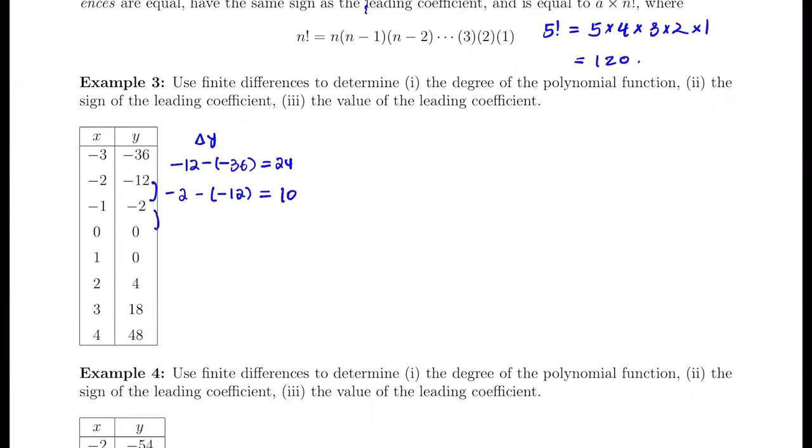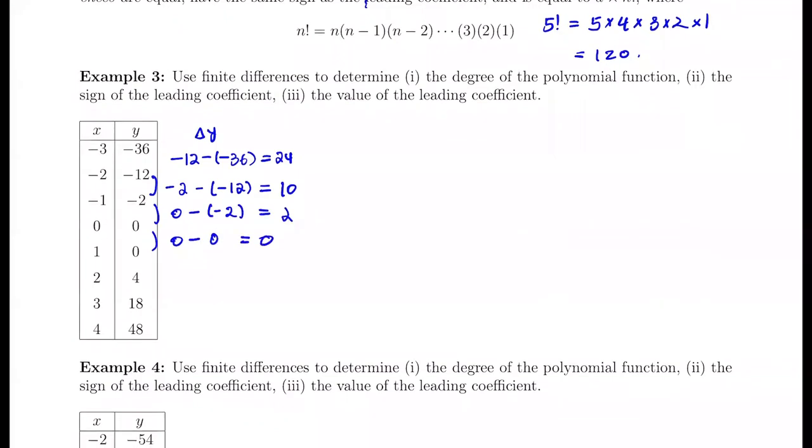And then 0 minus negative 2, which is going to be positive 2. Then 0 minus 0, which is 0. And then 4 minus 0, which is 4. And then 18 minus 4, so that's 14. And then 48 minus 18 is 30.